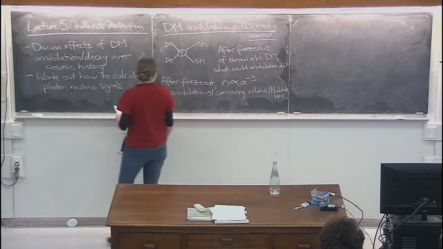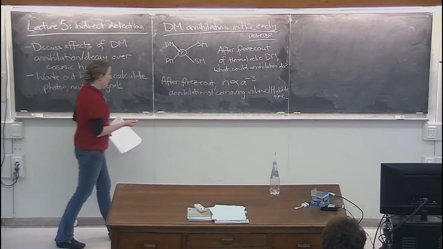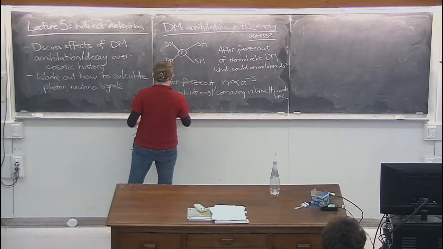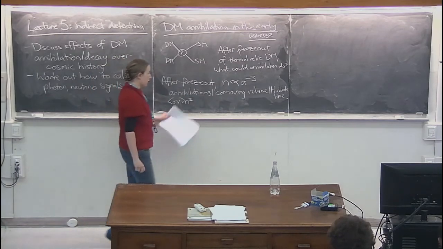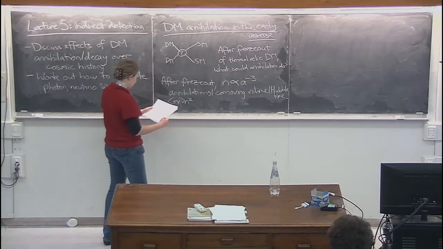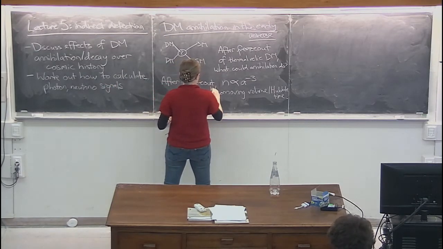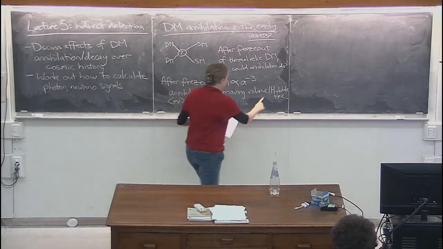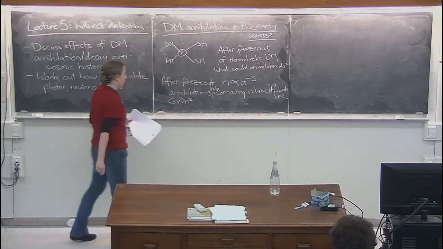Well, the rate of annihilations, the number of total annihilations, is going to go like the cross-section times n squared. Actually, let me not say annihilations per co-moving annihilation volume, let me say annihilations in a co-moving volume over the course of a Hubble time.